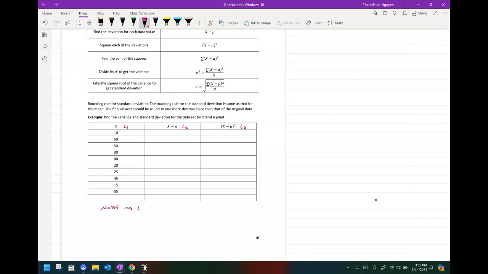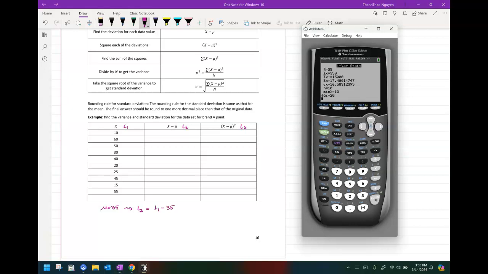So list 2 will equal list 1 minus 35, and I will enter that in. With list 2, the rule is list 2 equals list 1 minus mu, that is 35. Now I get the set of numbers. I will write this in.